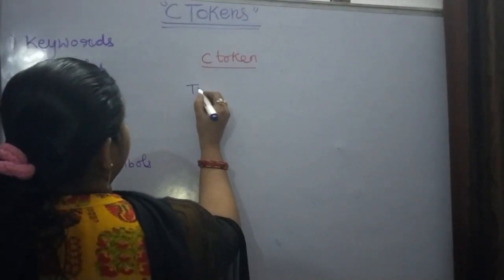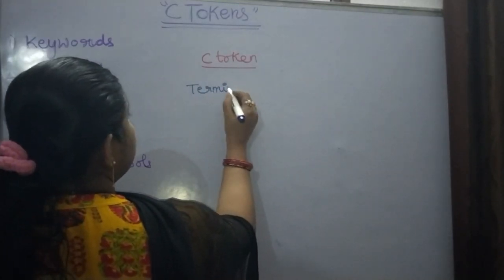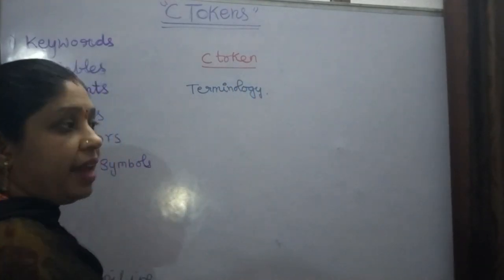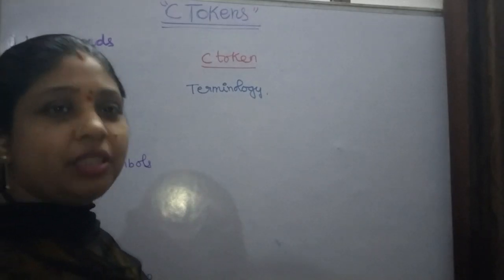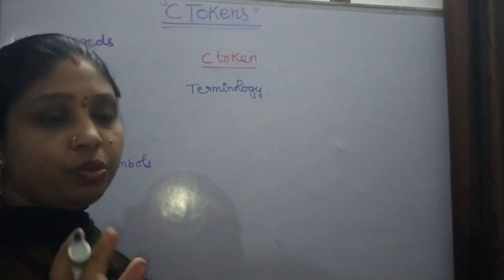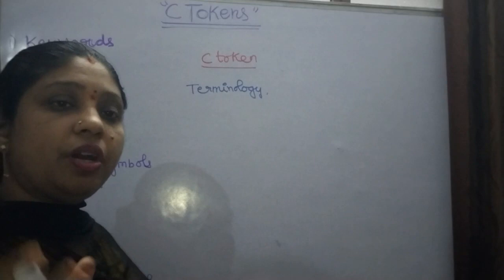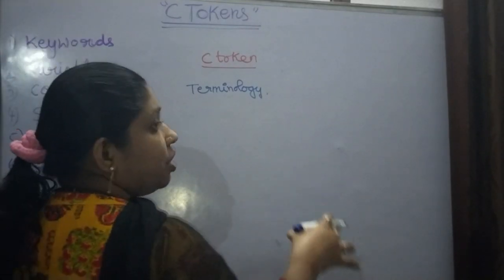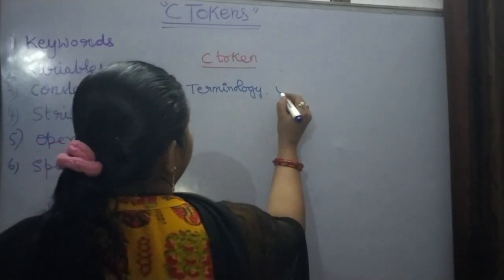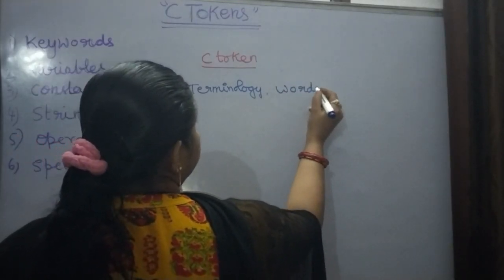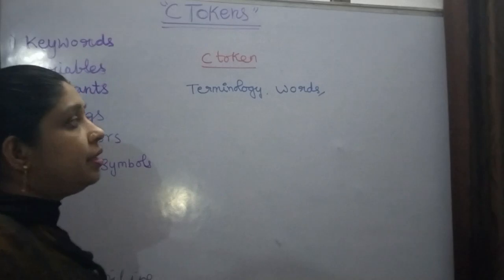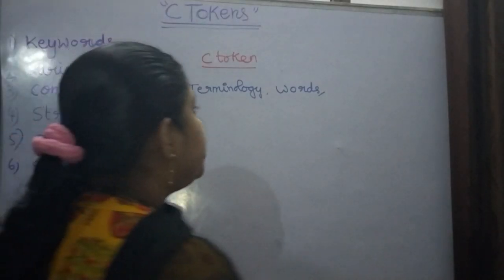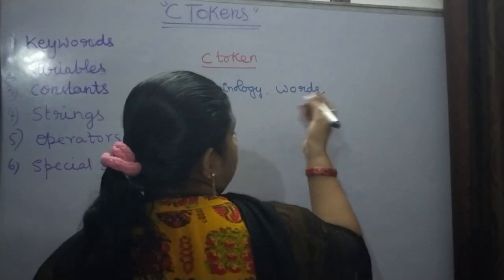What is terminology? The words or whatever language you use, like just now I said printf, scanf, all those terms which you are using in the C language, are known as the terminology. And some constants, constants come under that.